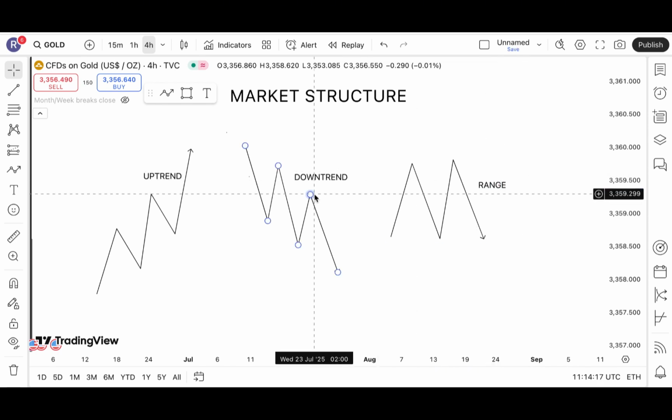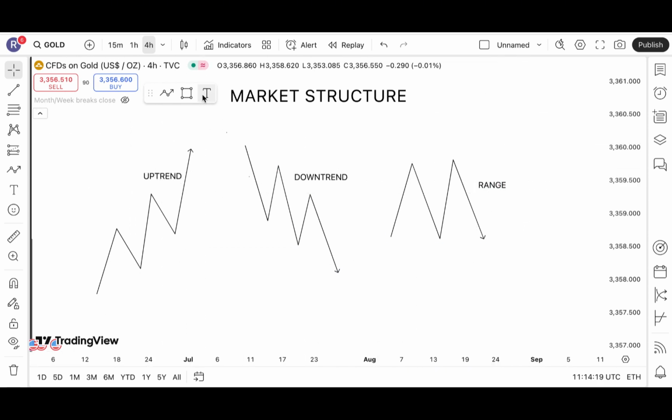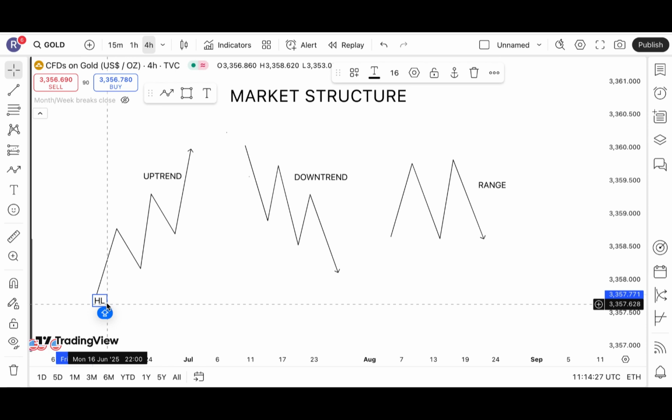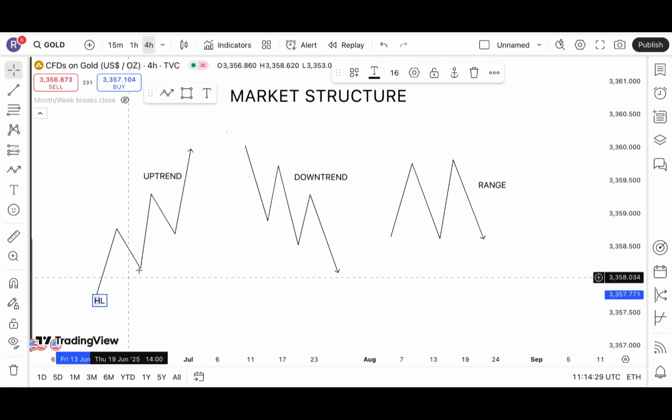All right. And how you tell the uptrends from the downtrends is when you see the market making a low, then a higher low.